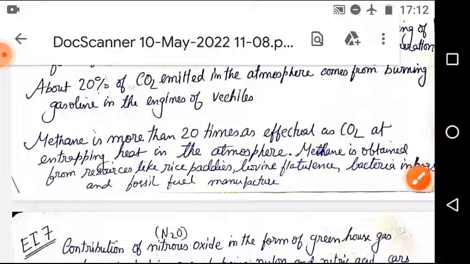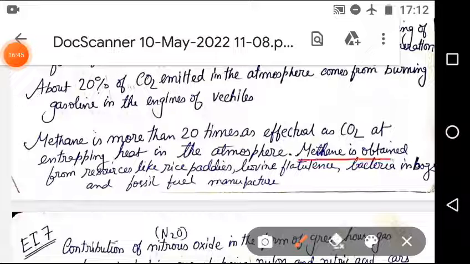So normally methane is obtained from natural sources and also from man-made sources, like rice paddies where we are cultivating rice; there also methane is liberated. Bovine flatulence sounds funny, but flatulence means gas.